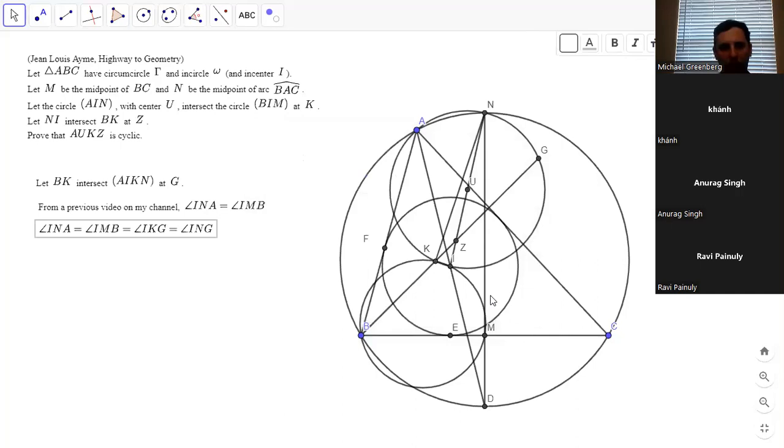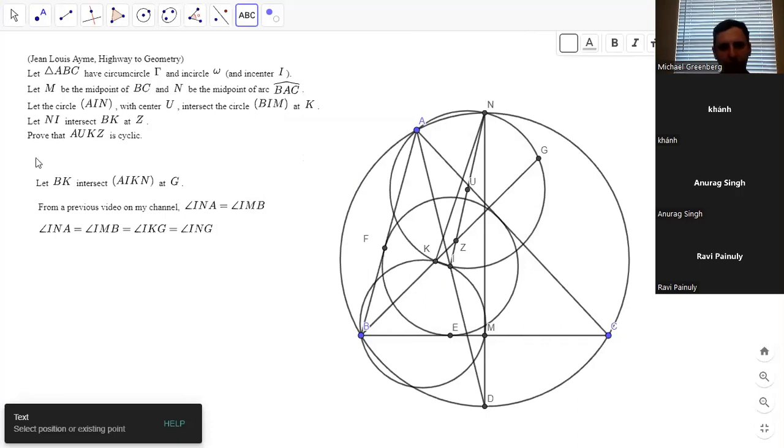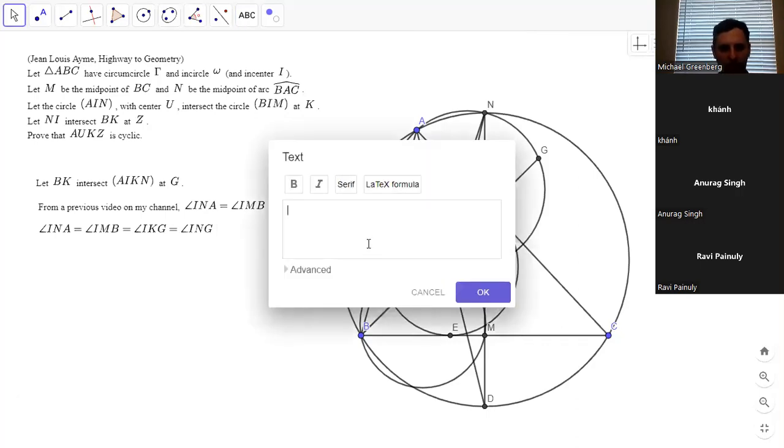And so first it's obvious that, I'm going to say angle NAI equals angle NAB equals 90. That means that N, A, and I are collinear.